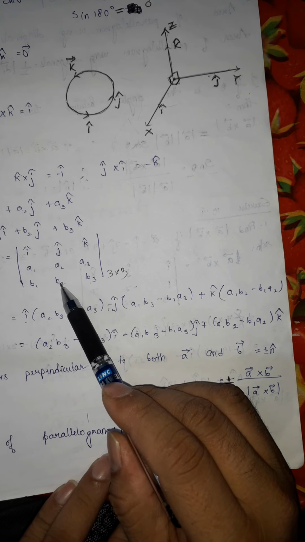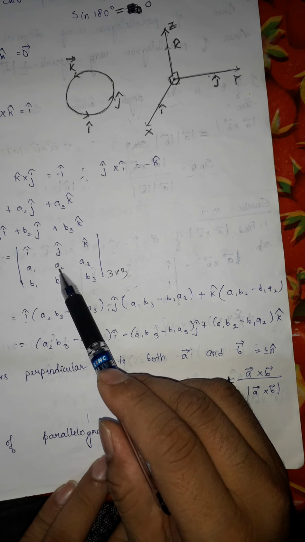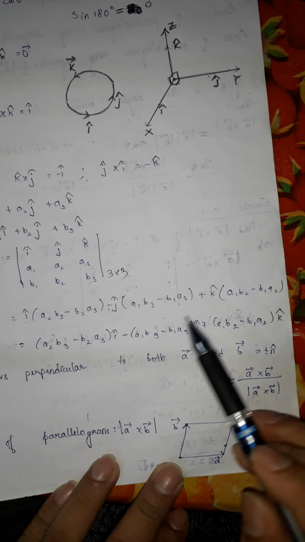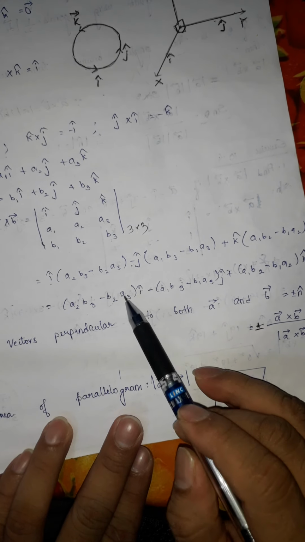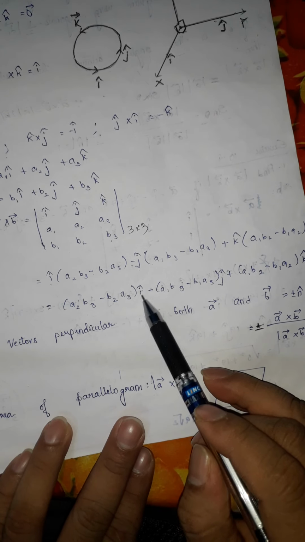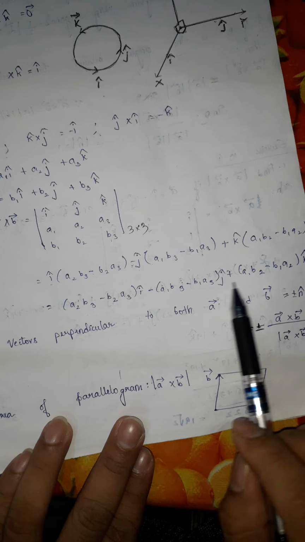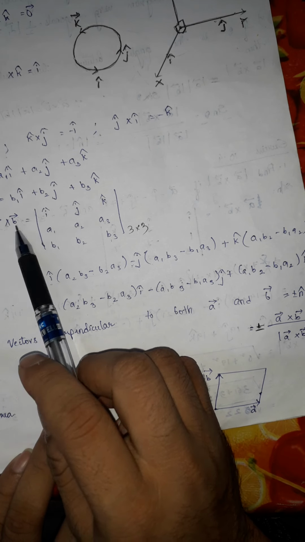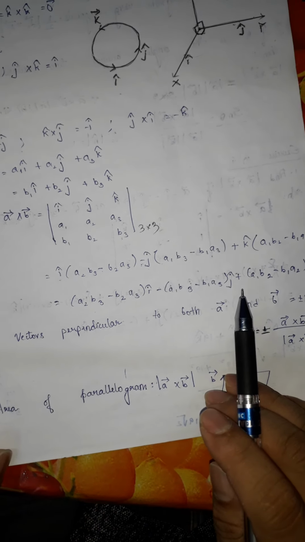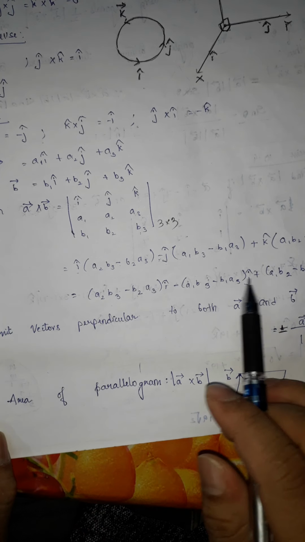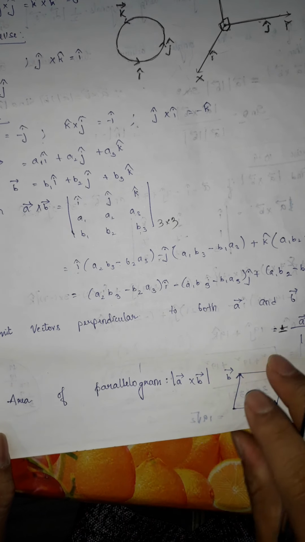Then you can write i, j, and k here. So this is the cross product of the two vectors A and B.